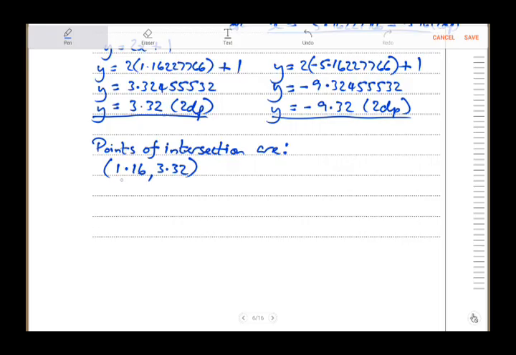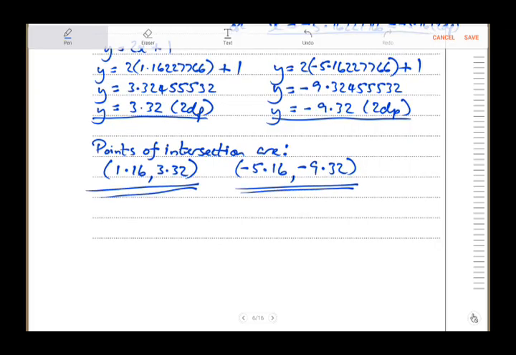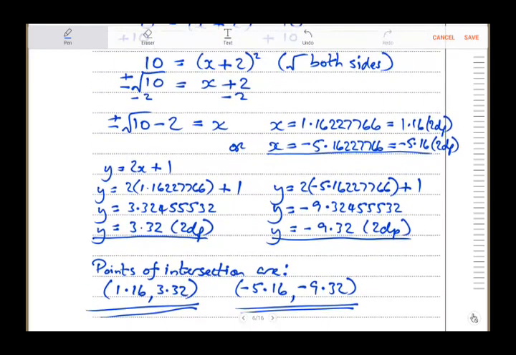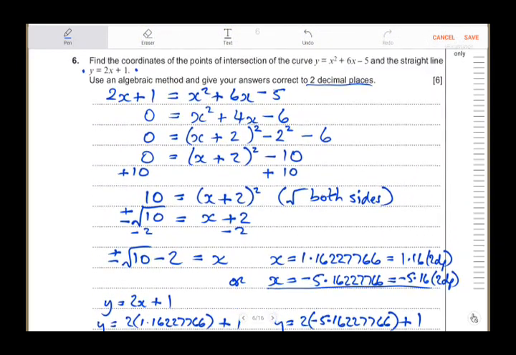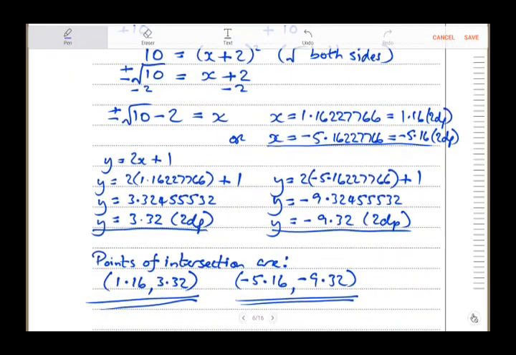So that rounds to 1.16, that rounds to 3.32. And the other one, when I used minus 5.16, which was to 2 decimal places, it came up with a y of minus 9.32. And there we have our 2 points of intersection of the straight line and the quadratic curve. Okay, thank you very much.